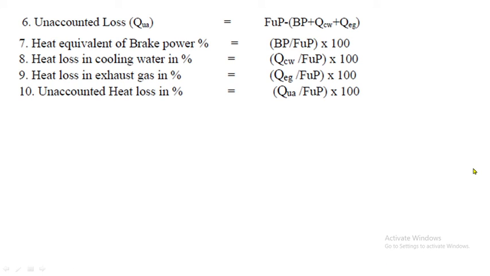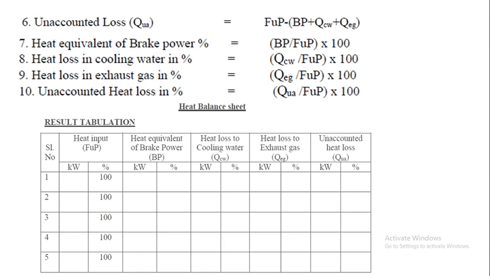Likewise, we can calculate the percentages for all the parameters: brake power, heat carried away by cooling water, heat carried away by exhaust gas, and unaccounted loss. For all these four parameters, we can calculate the percentage with respect to the input fuel power. Finally, do the tabulation of the heat balance sheet.